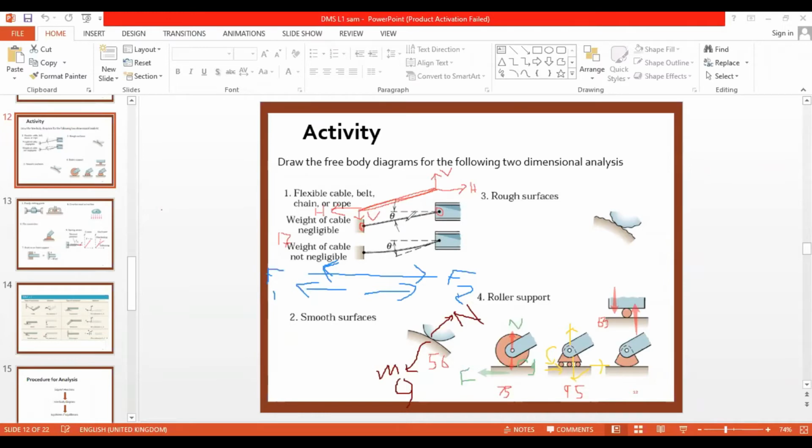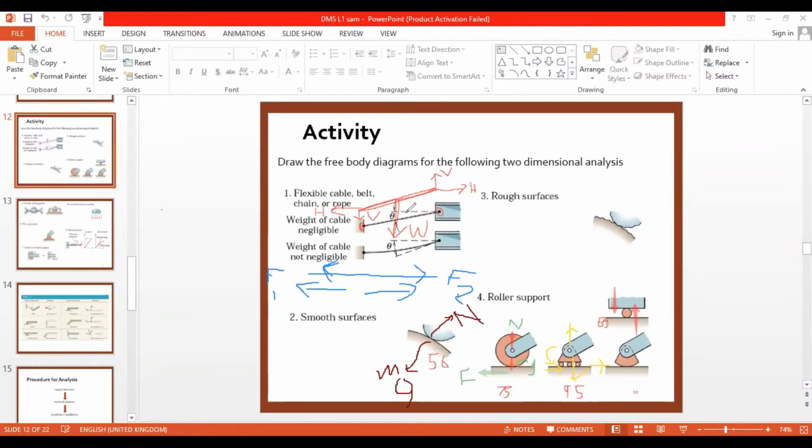And here we mention the weight of the cable is not negligible, which means the cable also has some weight. In that case, we will have a downward force, which is the mass of the cable. We write it as weight or mg.